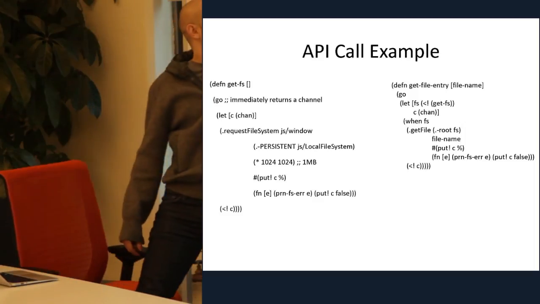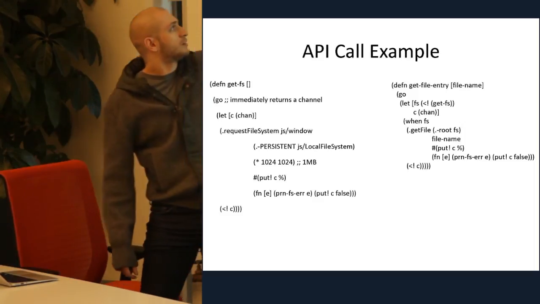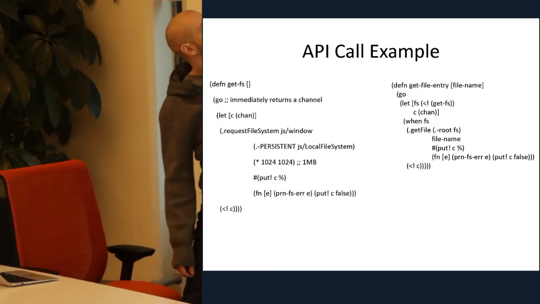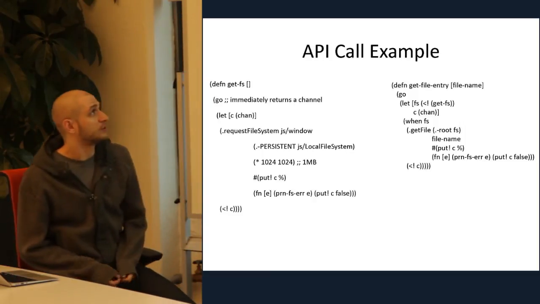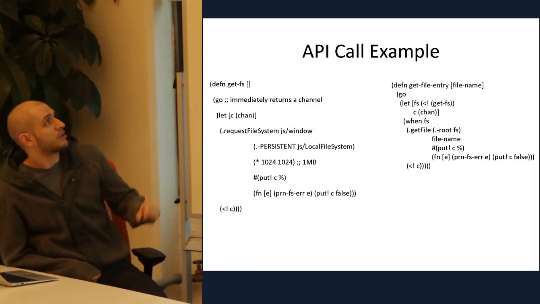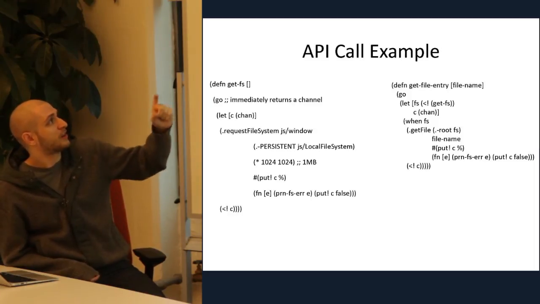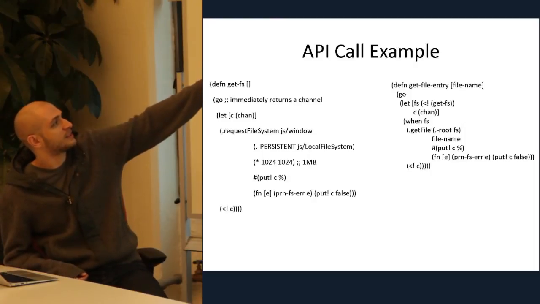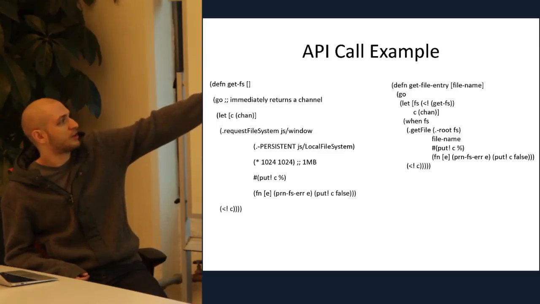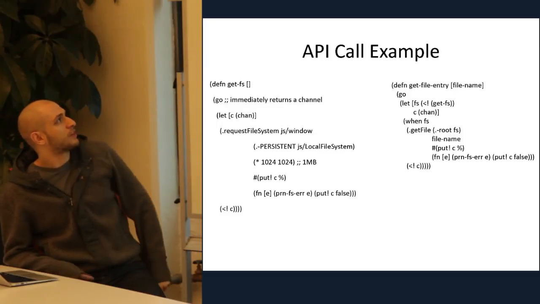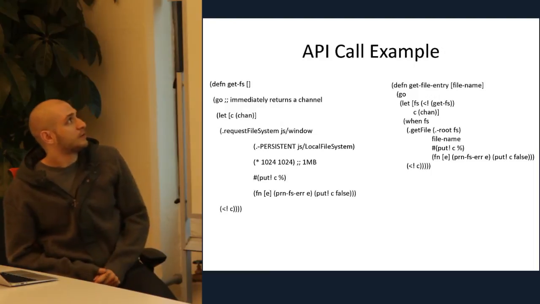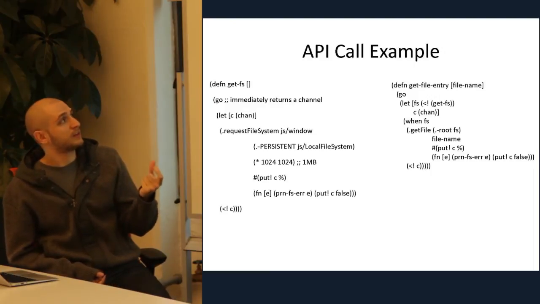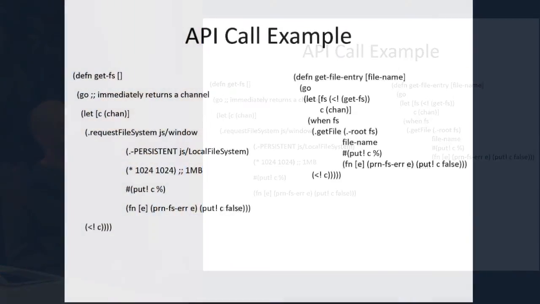And over here we put that value on a channel, which we've declared in the let, and the whole thing is in a go block. The go block will immediately return a channel, and when requestFileSystem gets us back a value, we put it in the channel, and we read it off that channel at the very bottom, so that the thing that calls getFS will get a channel which will eventually contain the file system returned by requestFileSystem.